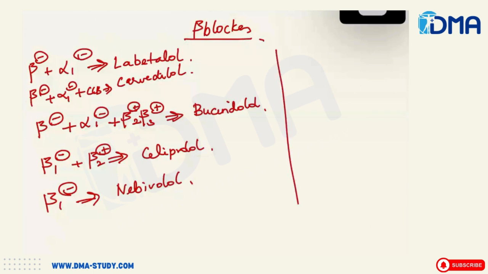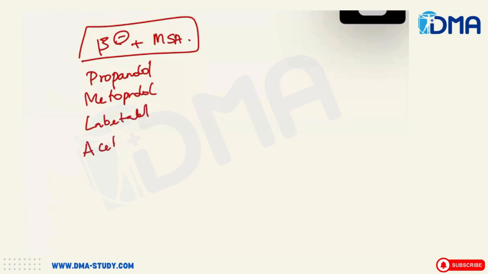The other MCQ that can possibly be asked in beta blockers is the beta blocker having membrane stabilizing activity. Membrane stabilizing activity. What are the beta blockers? Answer is propranolol, metoprolol, labetalol, acebutolol, pindolol.